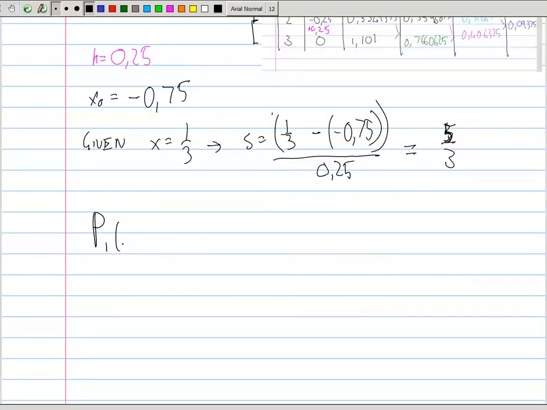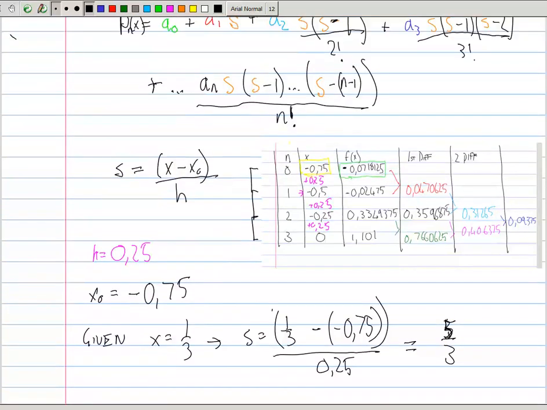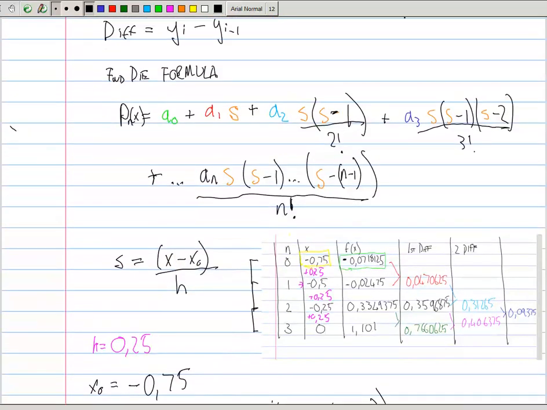Now remember, our P1 is going to be a function of x, but we've defined s as a function of x. And we've written our P function, as you can see above. We said it was a function of x, but each of these s's, they are a function of x.